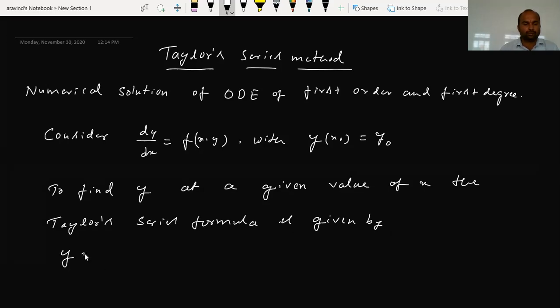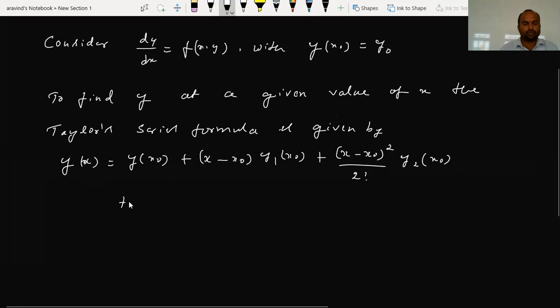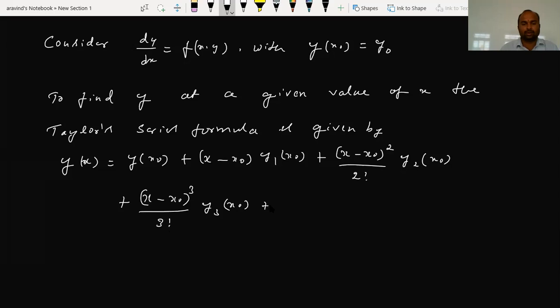y of x is equal to y of x naught plus x minus x naught into y1 of x naught plus x minus x naught whole square divided by 2 factorial into y2 of x naught plus x minus x naught whole cube divided by 3 factorial into y3 of x naught plus x minus x naught to the power of 4 divided by 4 factorial into y4 of x naught and so on.